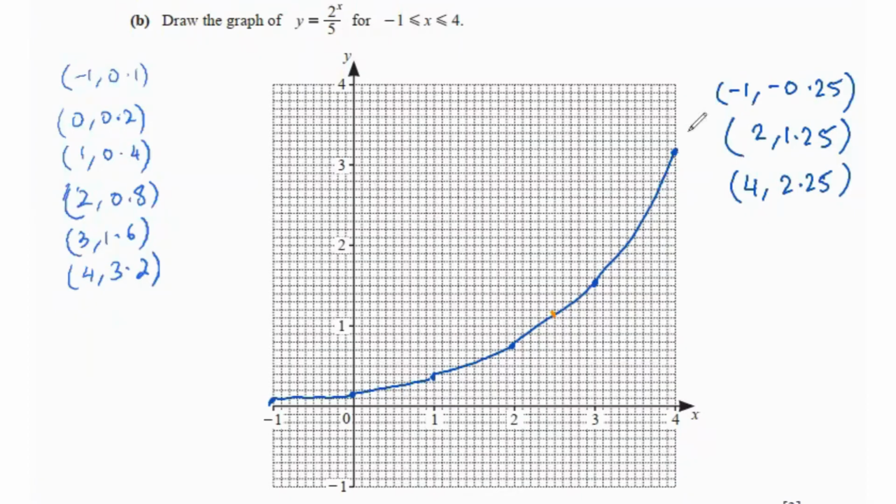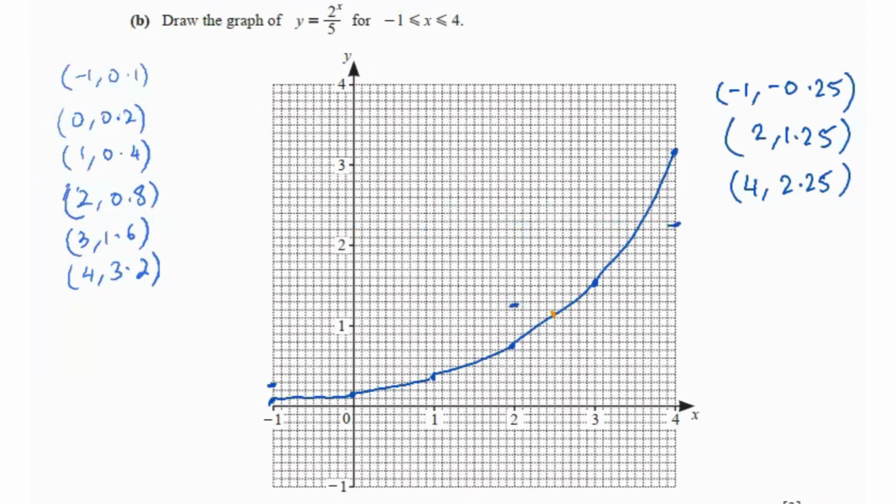If we plot this to find the intersection, -1 and -0.25 is going to be over here. 1.25 is going to be over here. Then 4 and 2.25 is over here.